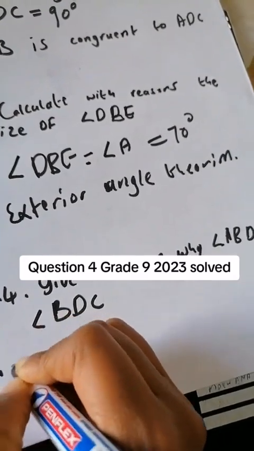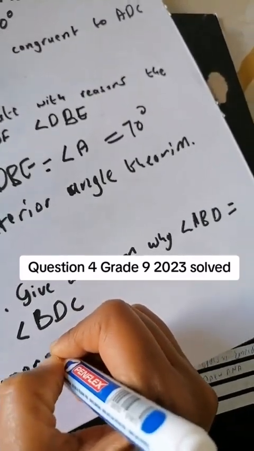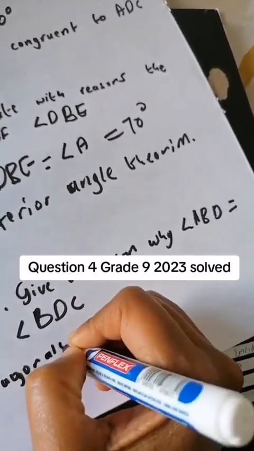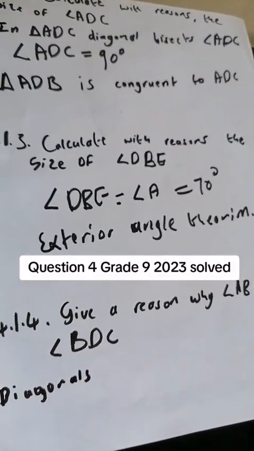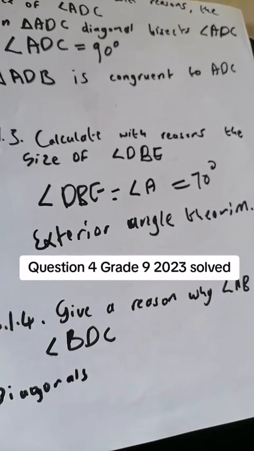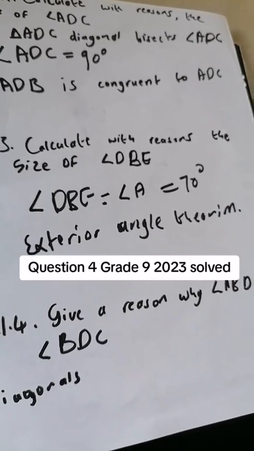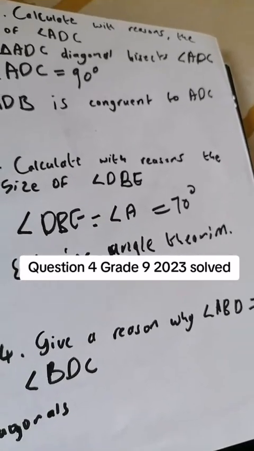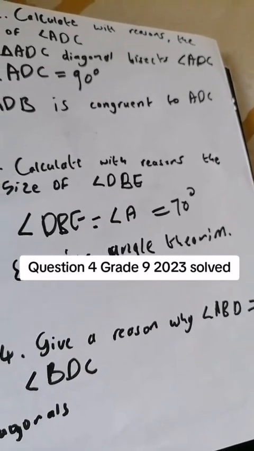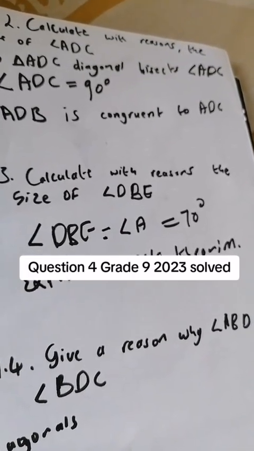I'm not writing well, this paper is moving. Can I just spell it out? So diagonals of a rhombus bisect opposite angles equally. That's your reason, you get your 2 marks. Then the whole question is 10 marks. Just like that, you're done. You didn't even have to use a calculator.